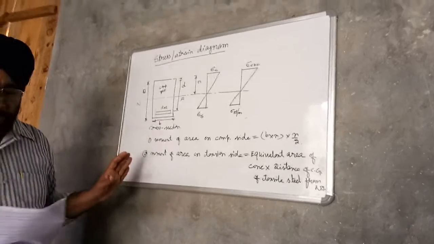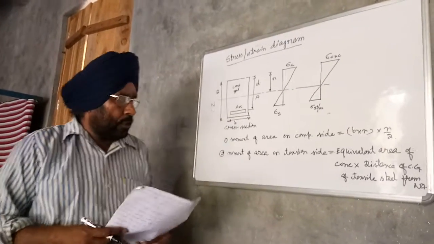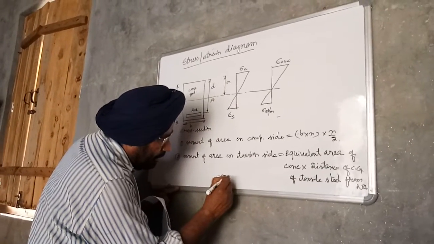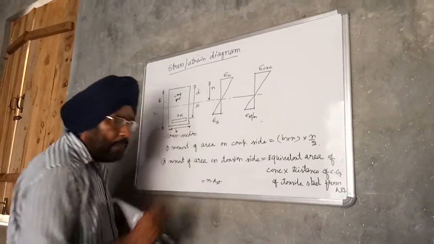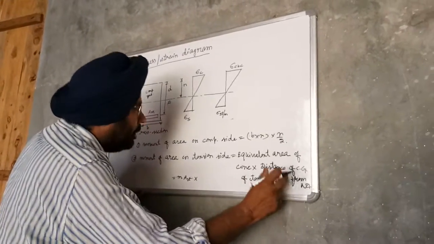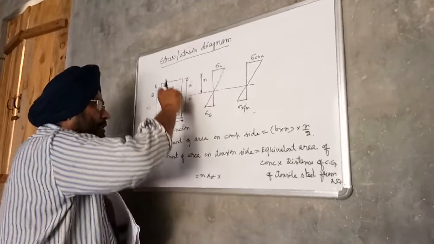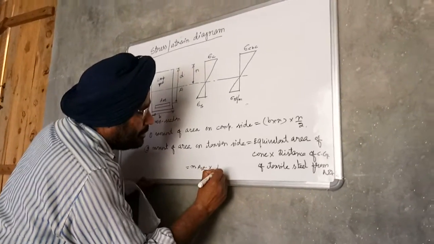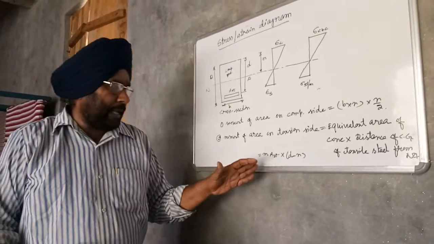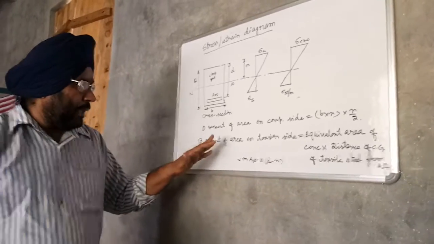For calculation purpose, the section is transformed into an equivalent concrete section. So the equivalent area of concrete is equal to m into Ast, where m is the modular ratio, and the distance of the CG of the tensile steel from the neutral axis is d minus n. So the moment of area on the tension side is m into Ast into d minus n.